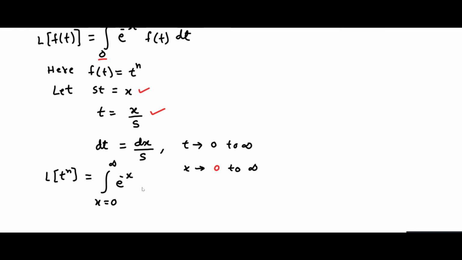So e power of minus x into f of t, which I have taken as t power of n, into dt. And the value of dt I just calculated is dx by s. So it becomes dx by s.